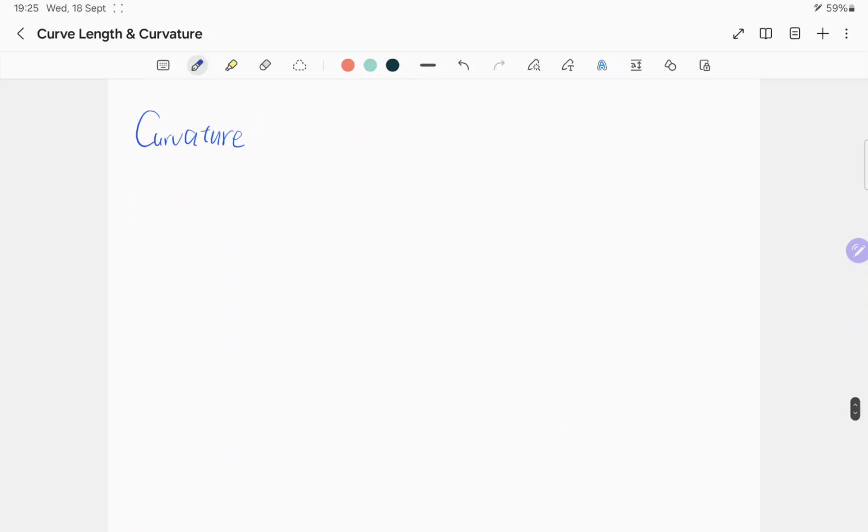So let's now move on to the curvature. What is curvature? We want to know how sharply the curve changes at one point. If the curvature is equal to 0, it is a straight line. And if the curvature goes toward infinity, it is sharp. So how do we define this?